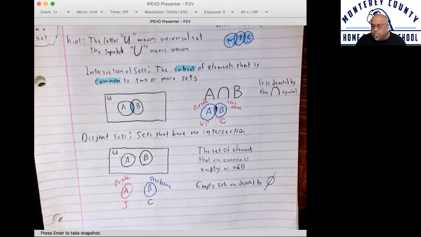At least not in this definition. The clock is not portable. You hang it on the wall and it stays home, okay? But the Jordans, you put them on your feet and tie them up and then you walk away with them, okay? So they're portable. So in this case, it would be an empty set, okay? In between these two, because there isn't anything that's common in those two items.